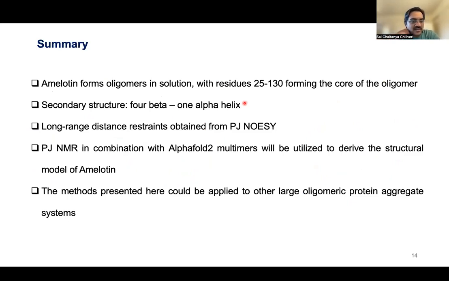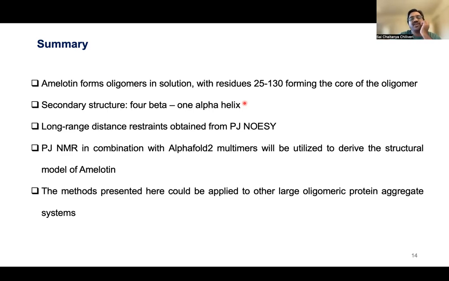In summary, our experiments show that amelotin forms oligomers in solution, with residues 25 to 130 forming the core of the oligomer. Using stroboscopic experiments, we demonstrated that this amelotin protein adopts 4 beta strands and 1 alpha helical structure, and long-range distance restraints were obtained using pressure jump NOESY experiments.